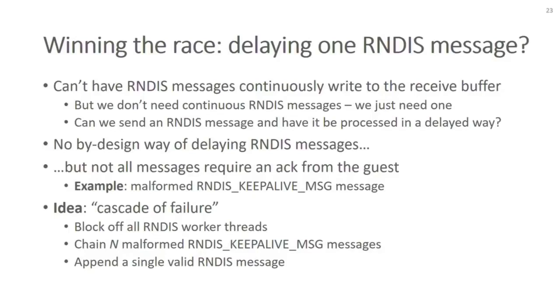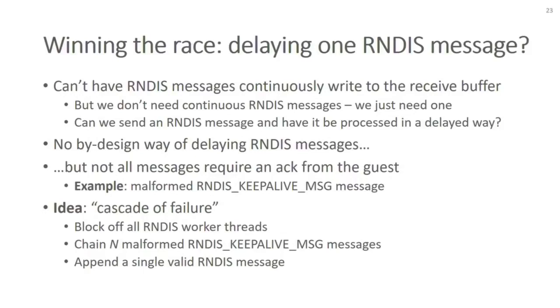And the other option is simply to try and win the race with a single RNDIS message being written out to the receive buffer. And how do we do that? As mentioned, we basically want to be able to control the delay between the time that we send that message and the time that it's actually written to the receive buffer.